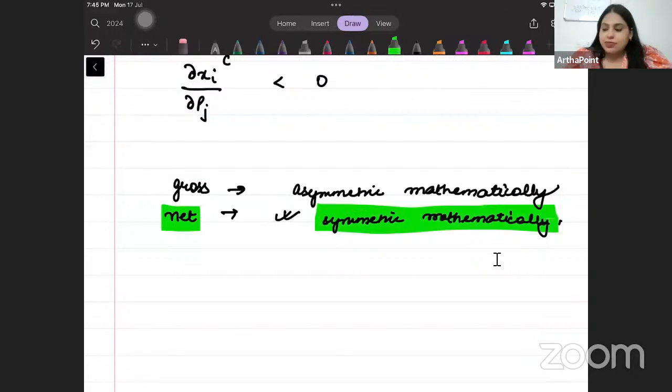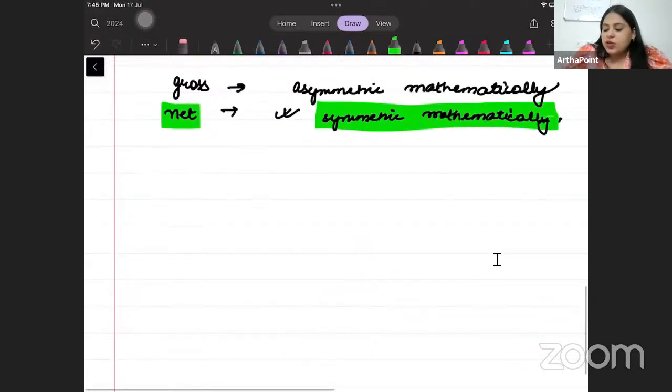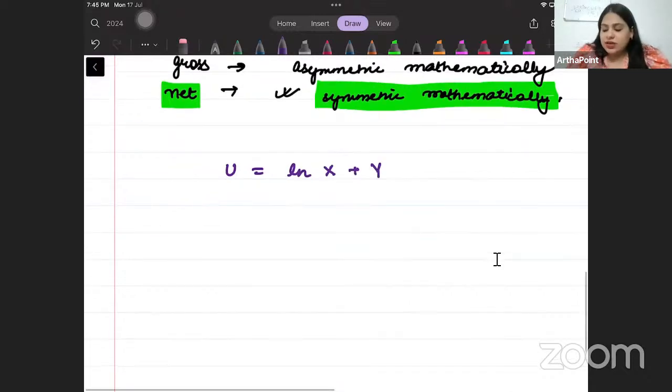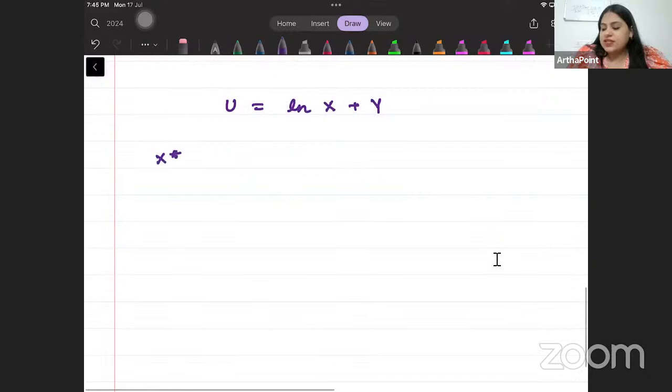Let's take the same example. So I will take the utility function ln x plus y. ये utility function है. But we know we can find x star and y star. What is x star? X star had come out to be P2 by P1, and y star had come out to be m by P2 minus 1.